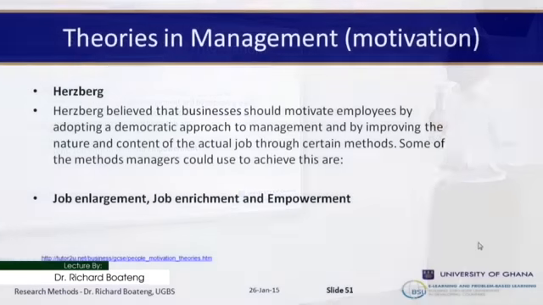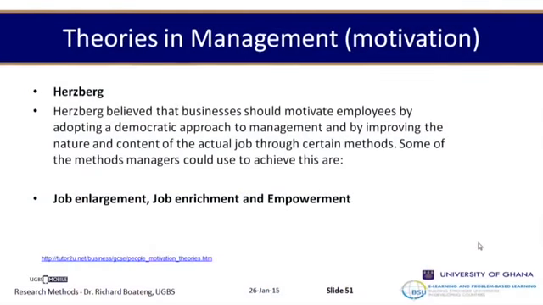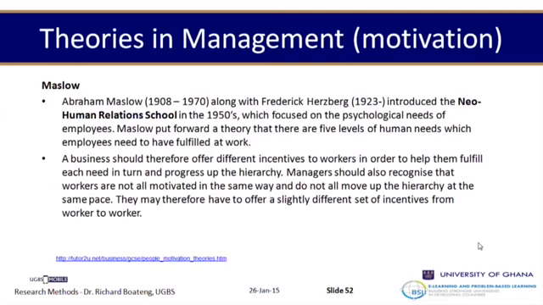Herzberg also talks about motivating employees by adopting a democratic approach to management and by improving the nature and content of the actual job through certain methods. Some of them are job enlargement, job enrichment, and empowerment. Okay, then there is Maslow's hierarchy of needs, where he talks about the physiological needs of employees, and that there are 5 levels of human needs which need to be fulfilled at work.